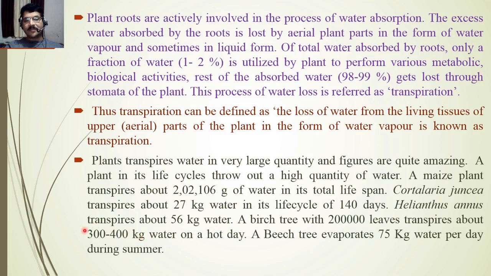Then a beech tree evaporates about 75 kilogram of water per day during summer. So these are some amazing figures showing the quantity of water transpired by different plants.